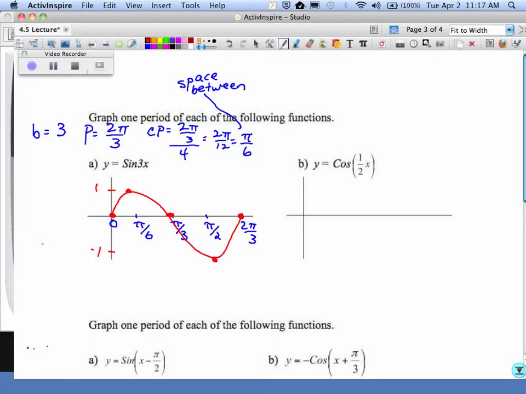Cosine, what are we changing? The b value is 1/2. So what's the period of the function?